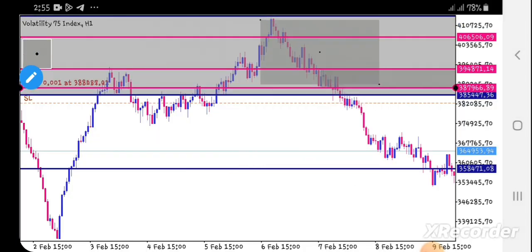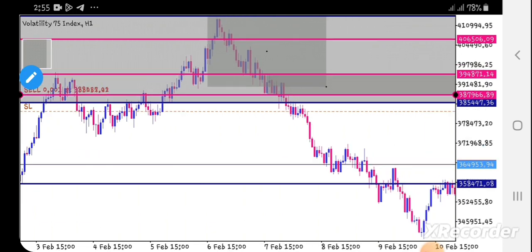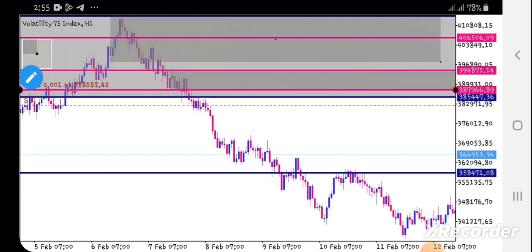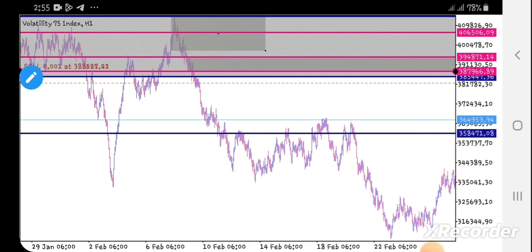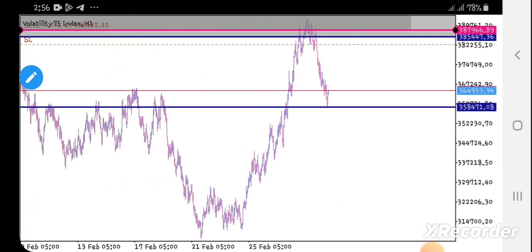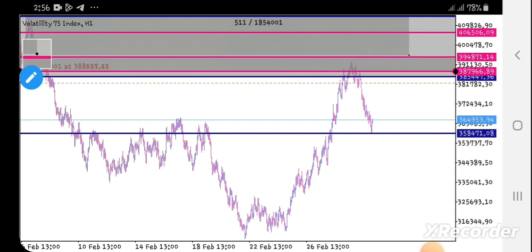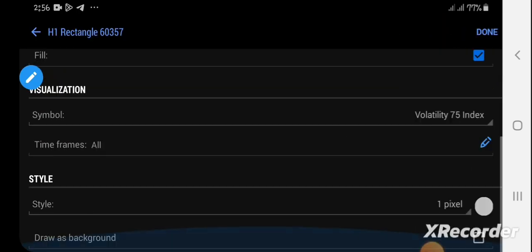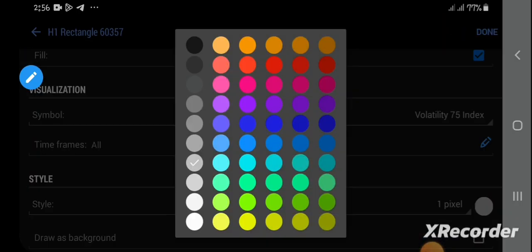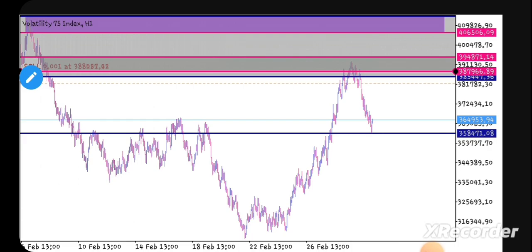Like that way, to make them clear, so that if the market comes again I don't mess up in H1. Yes, and also I changed the color so that I can remember them very well.